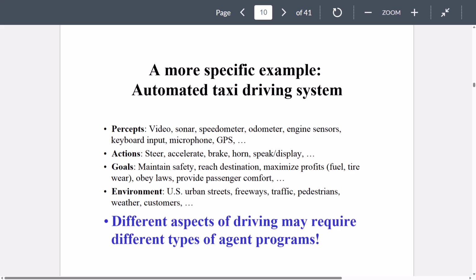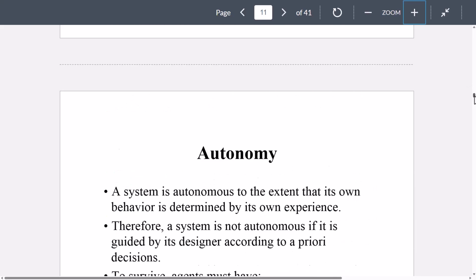So PEAS is not just an acronym, it's a practical checklist. By explicitly defining performance, environment, actuators, and sensors, we give ourselves a foundation to design, evaluate, and compare intelligent agents. So there are different properties of task environments which we need to know.